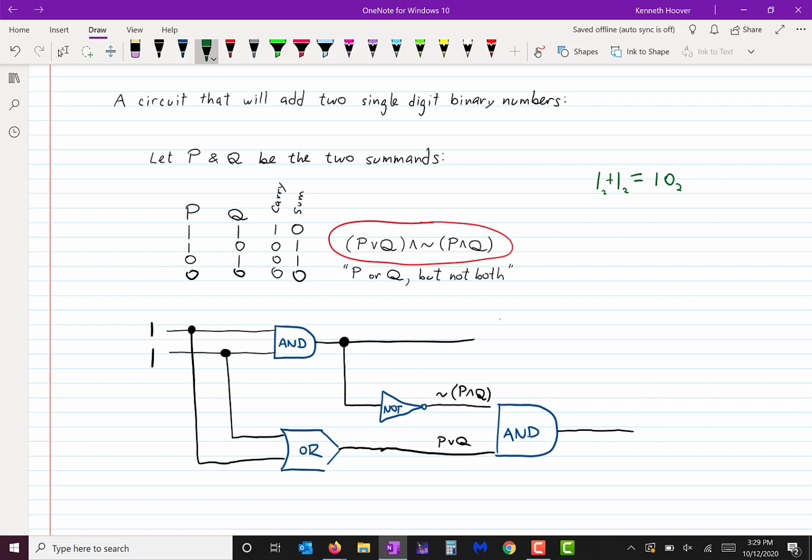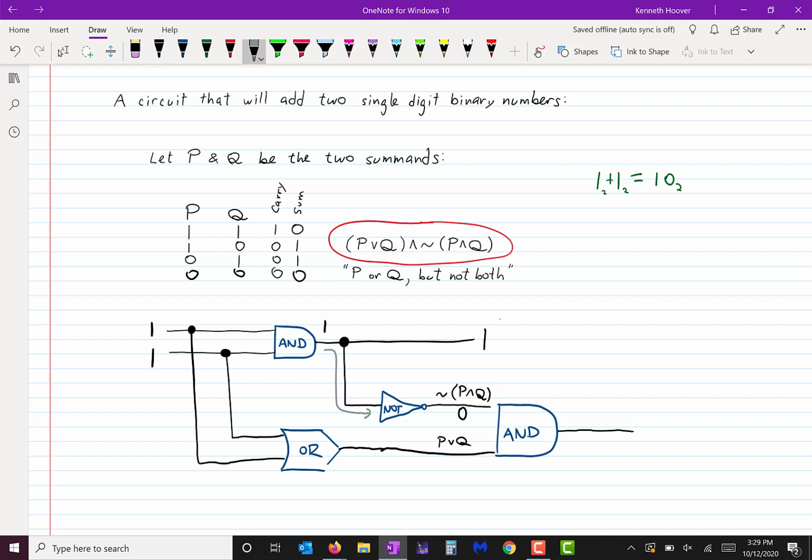Well, if two signals go into the AND gate, then a signal should come out, shouldn't it? So that's a 1 coming out, and so we'll get a 1 right there. Okay? And when that 1 goes through that NOT gate, what's going to come out of that is a 0, right?